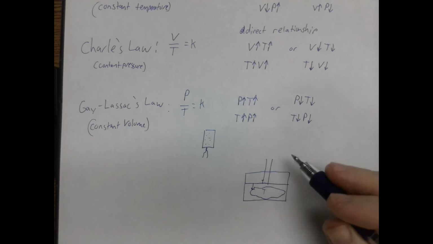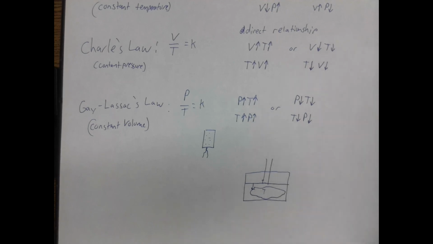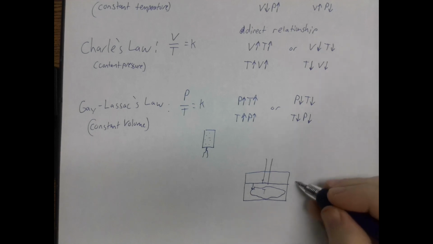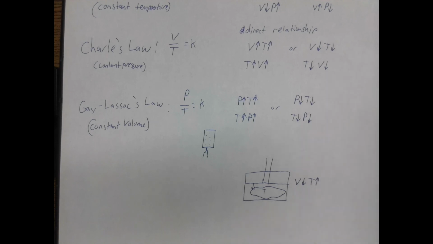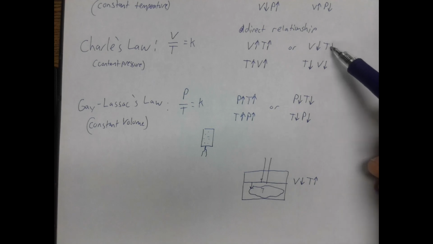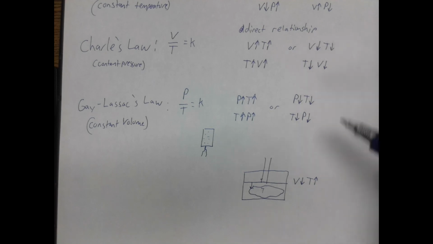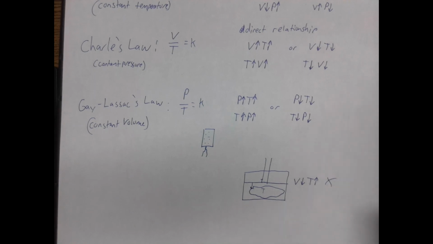Does this fit any of the laws? So let's see. As volume decreases, temperature goes up. But I said over here, as volume decreases, temperature is supposed to go down. So why doesn't this work?